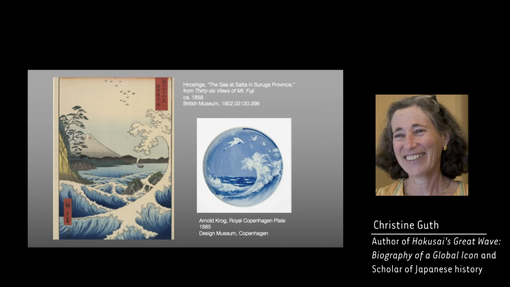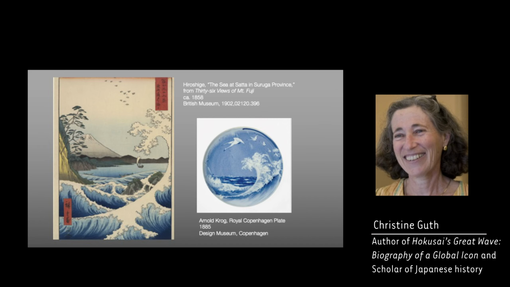I think that this image, probably more than the more famous horizontal view of the Great Wave by Hokusai that we're focusing on today, was probably much more influential in Europe because it was issued in 1858 after Japan was opened up, and it was circulating in far greater numbers in Europe than Hokusai's.